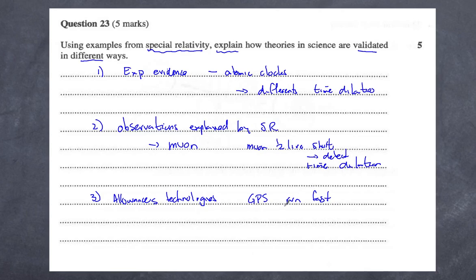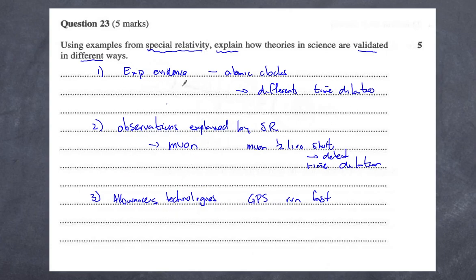Now, the reality is that GPS satellites are also affected by gravitational issues, and that's general relativity, but this is sufficient to understand the fact that, again, we now explain how GPS satellites show and validate special relativity, in this case by allowances for technology.